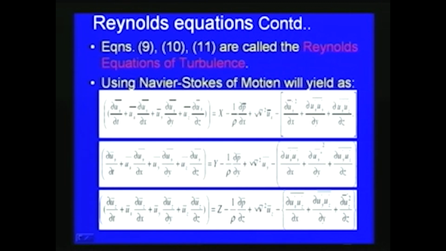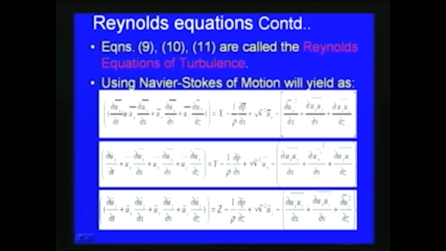As I mentioned, we can convert these equations into the Navier-Stokes form by certain transformation. How we do the transformation, we will be discussing when we discuss the chapter on Navier-Stokes, in another separate chapter. Here, we will just write these Reynolds equations of turbulence in the form of Navier-Stokes equations of motion of turbulence as follows. So, the 3 equations 9, 10 and 11 are converted and written like this.